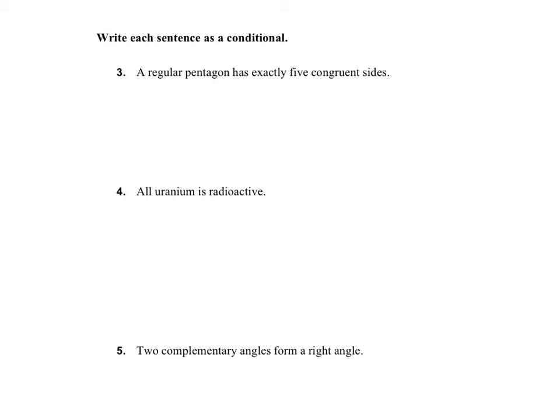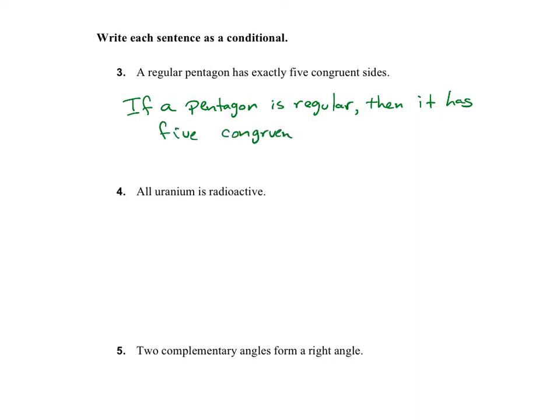If a pentagon is regular, then it has 5 congruent sides. That's it right there. As you can see, I wrote the if and then. In this case, I changed it a little bit so it makes sense.